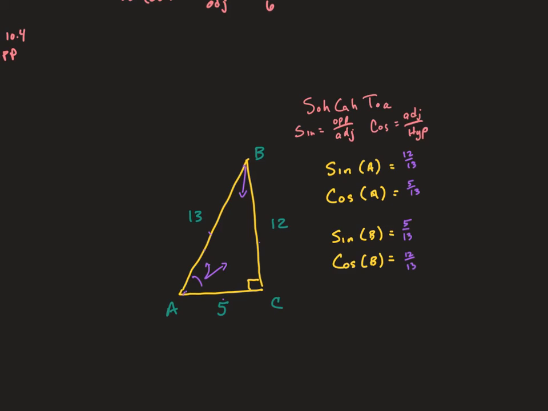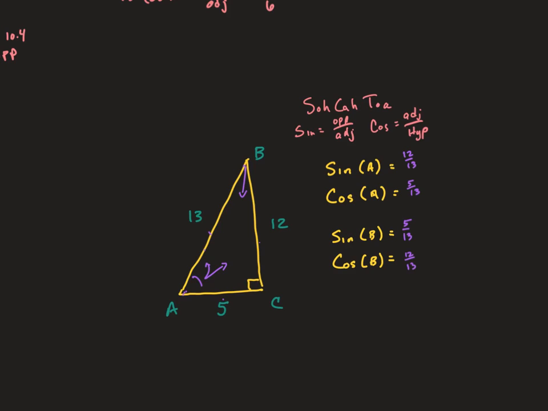Now, why did we do this? Well, what I want you to see here is, if you'll notice, the sine of angle A is the same as the cosine of the other angle. So the sine of one of the acute angles of a right triangle is equal to the cosine of the other acute angle, and vice versa. Just seeing that relationship, sort of a yin-yang, if you would say.